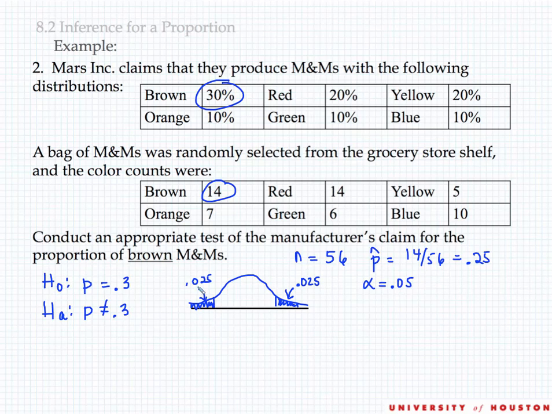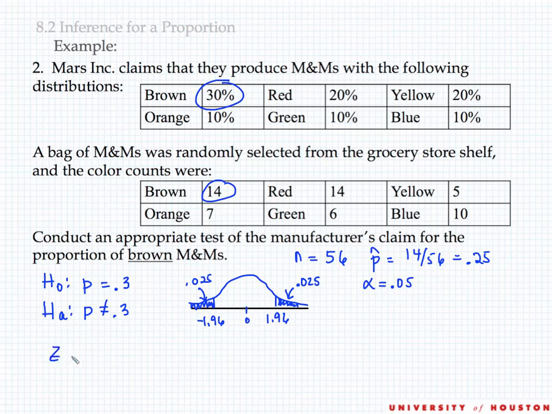So I'm going to do inverse norm of 0.025, which gives negative 1.96, or I could do inverse norm of 0.975 to get the positive. These two, again, are equal in absolute value. Remember, this curve is centered around 0.